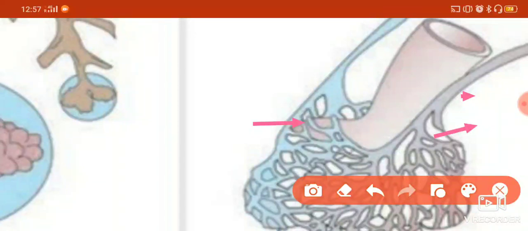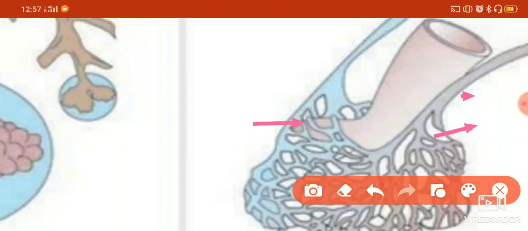From alveoli, O2 is transported to blood, and from blood to inhaled air in the alveoli, CO2 is released. Means the actual exchange of gases takes place through the alveoli.